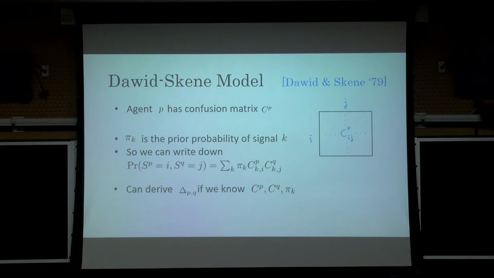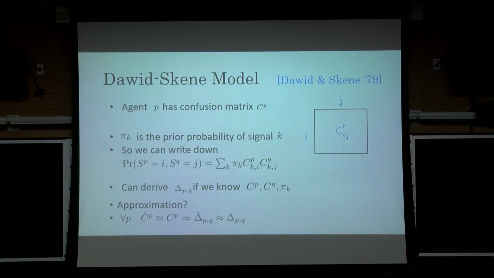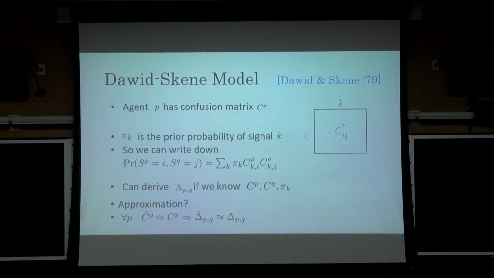But in practice we do not get to see the confusion matrix exactly, but we will form an estimate of the confusion matrix and look at the corresponding error in the delta matrix. So if we can estimate in one norm the confusion matrix is close to the true matrix, we can also show that the corresponding delta matrix in one norm will be close to the true delta matrix.